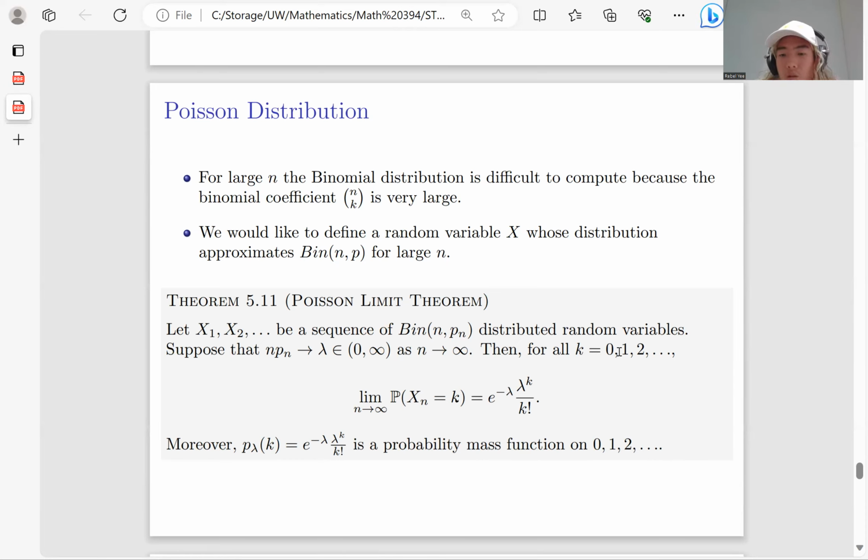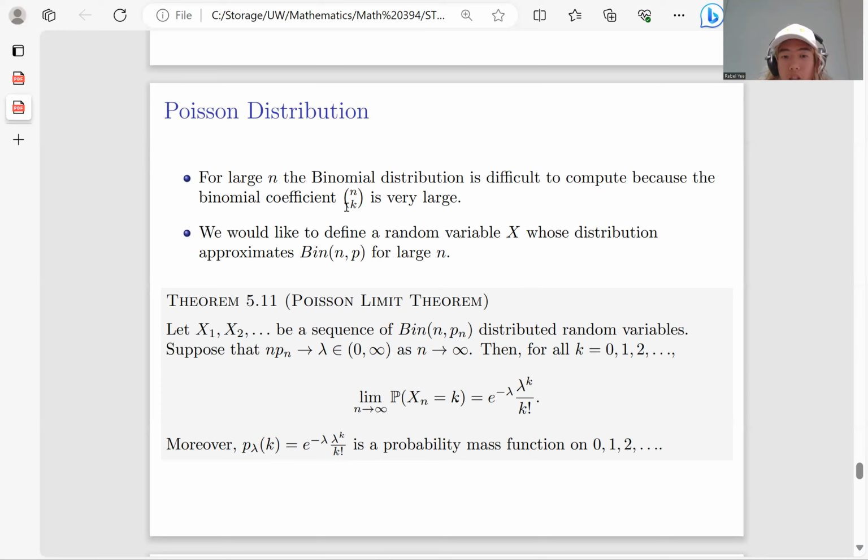You cannot say k equals 0.something or 1.something. So in this case, the limit as n goes to infinity of the probability that X_n, the sequence of binomial distributions, equals k is equal to e to the power of negative lambda times lambda to the power of k divided by k factorial.